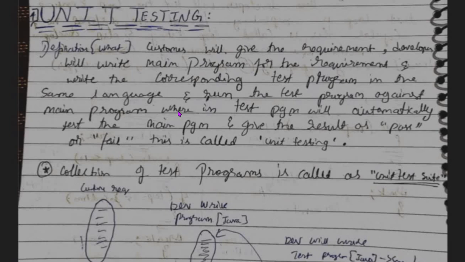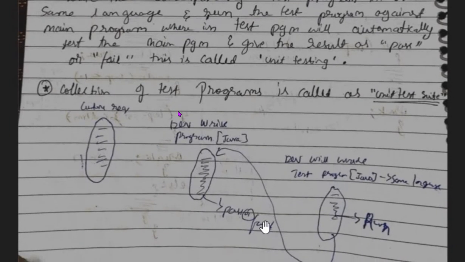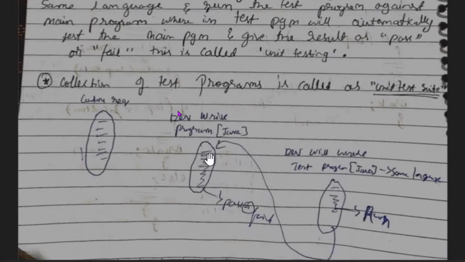They will run this test program against the main program, so the test program will automatically test the main program and give the result as pass or fail. If it fails, they will go to the code, check where the mistake is, modify that code and give the new code. Again the same process goes on until it passes. That's it.